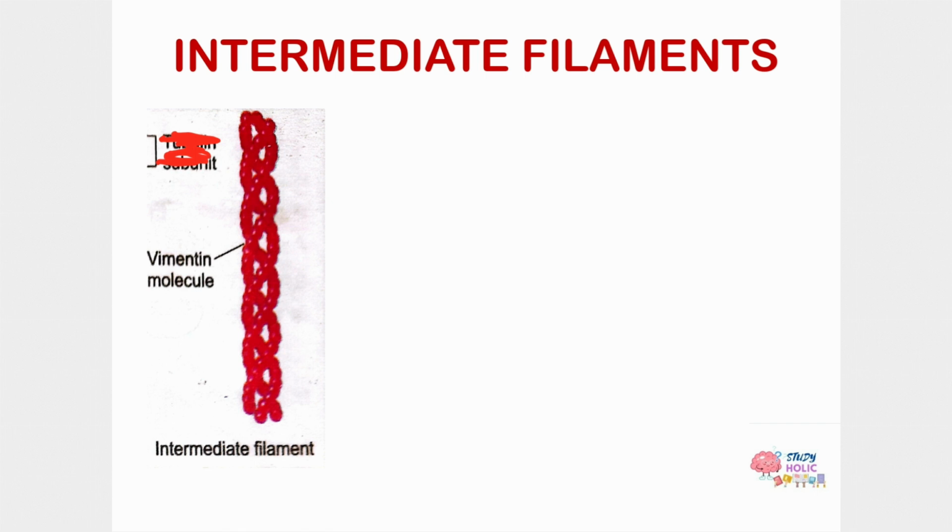If we talk about the diameter, the microfilaments were 7 nanometer, the microtubules were 25 nanometer, whereas the intermediate filaments are about 8 to 10 nanometer. So this diameter indicates that it is between the microfilaments and microtubules. Hence, that's why its name is intermediate filaments.